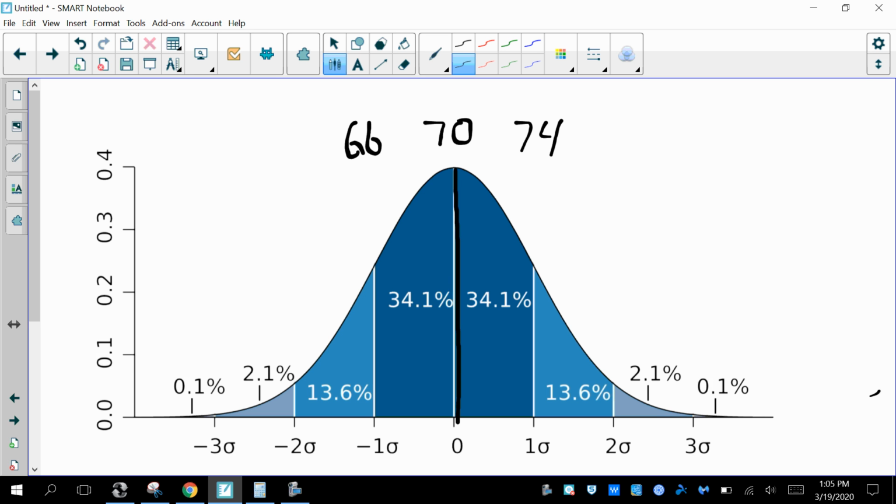Okay? Now, what does that mean for us? It means that 34% of men in the United States are between 70 and 74 inches. In other words, from about 5'10" to 6'2". Another 34% are from about 5'6" to 5'10". That makes up a majority of the United States.